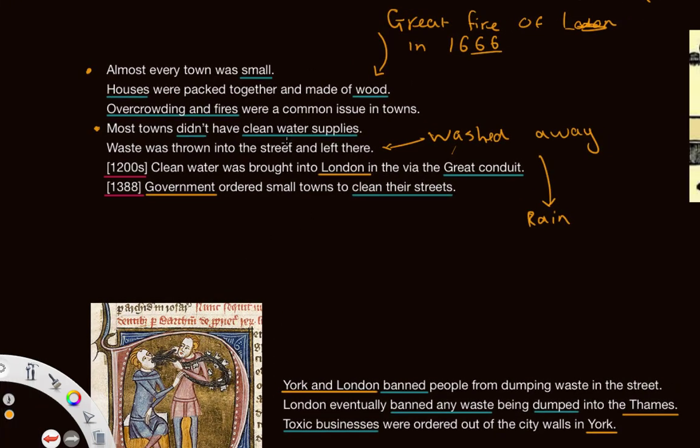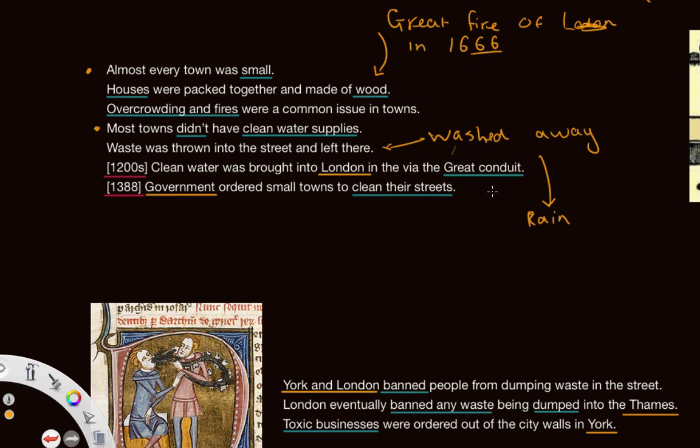These weren't things that were well known at the time, but they were seen as big problems. It was in the 1200s that clean water was brought into London, specifically via what was known as the Great Conduit.